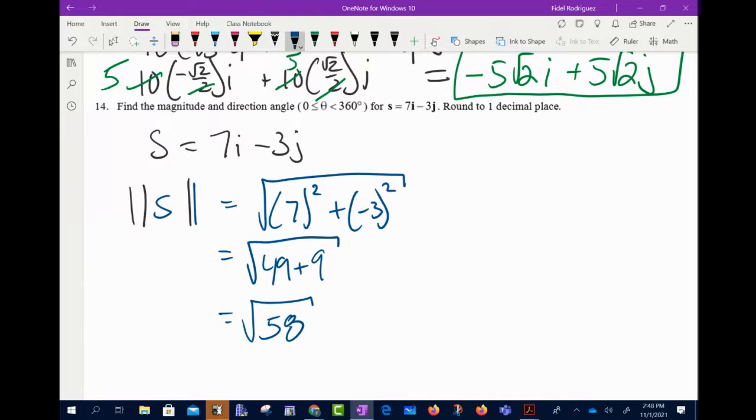I can't actually break this one down, just to give you a heads up. 58, I can divide by 2, but it's 2 times 29, and 29 is a prime number, so I can't break down 29, you know what I mean? So I'm just going to have to leave the square root of 58 as it is. Now, we found the magnitude.